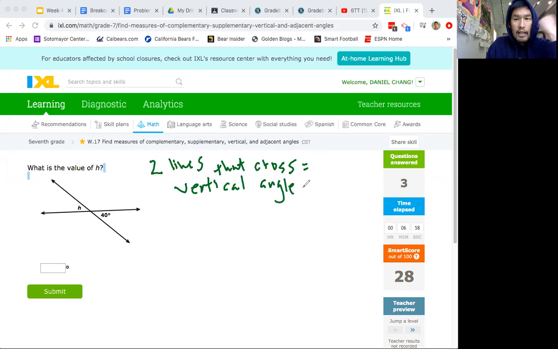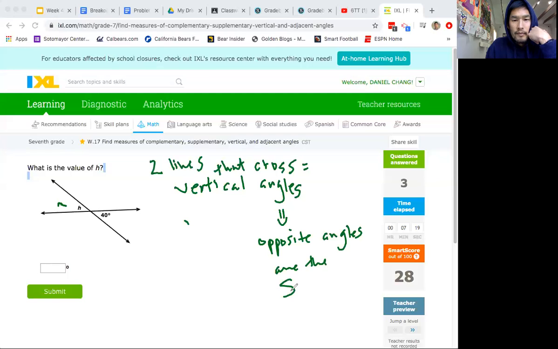And we know a couple things about these angles. We know that the angles that are opposite are the same. Because they're vertical angles, opposite angles are the same. They're equivalent.